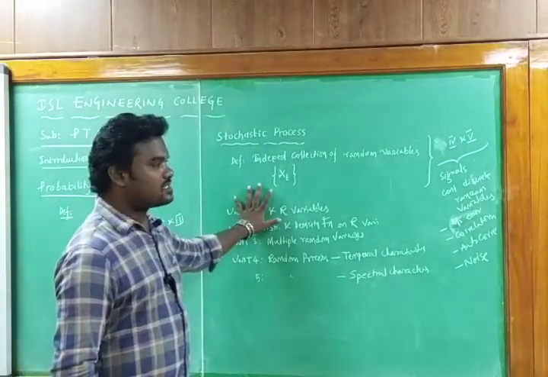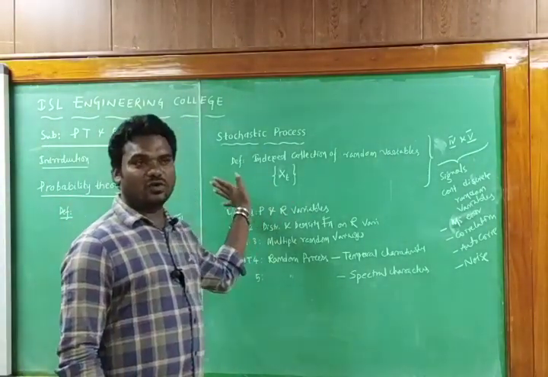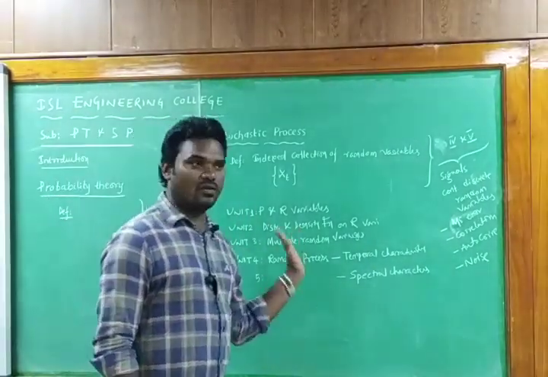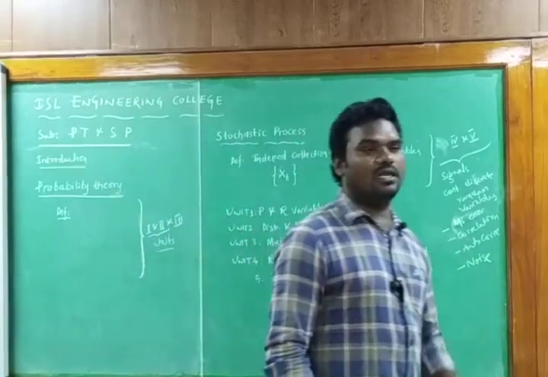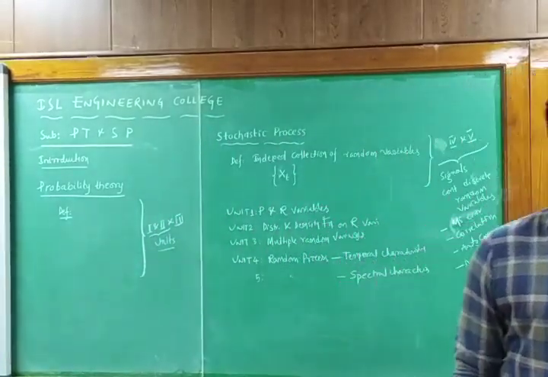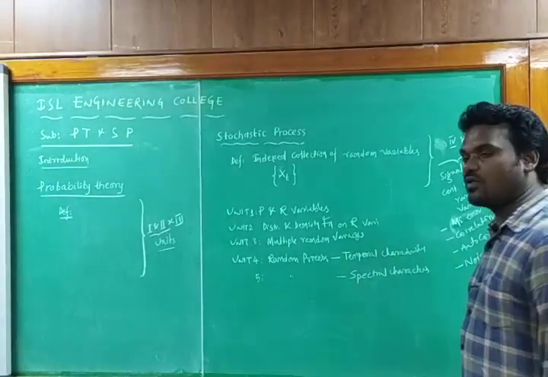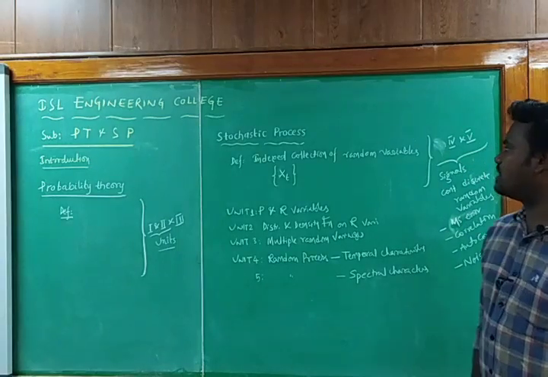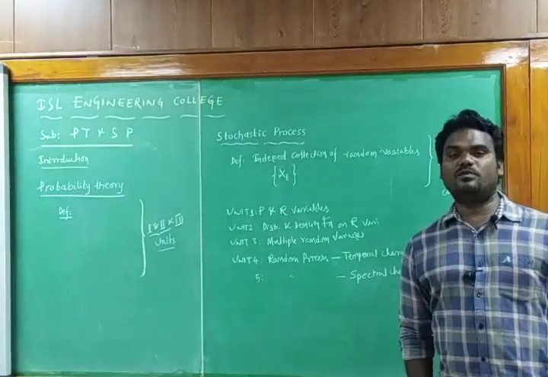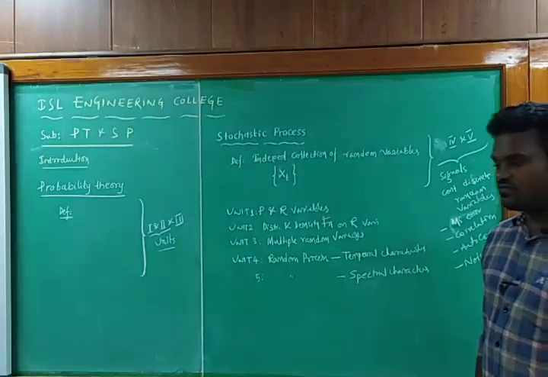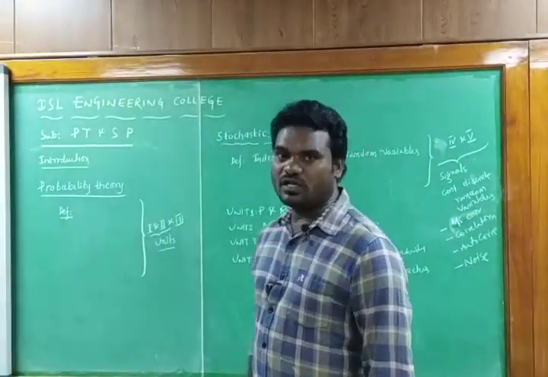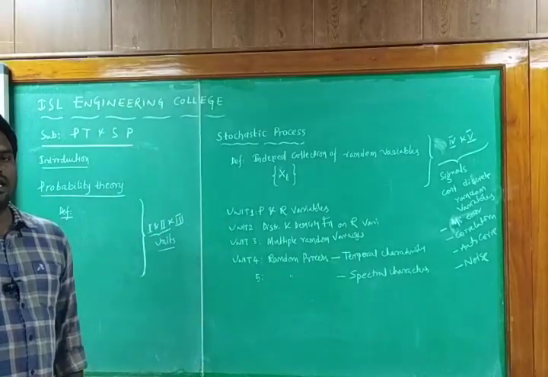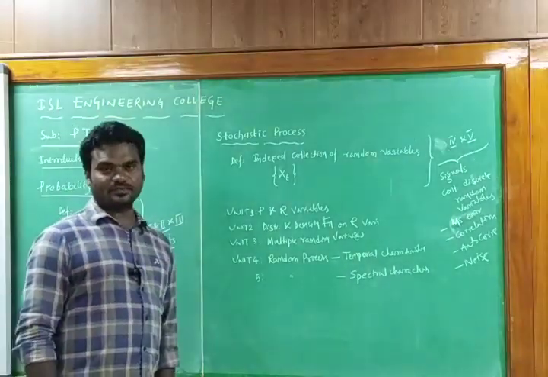If you are good at the stochastic process, coming subjects like communications, signals and systems, and signal processing will be easy for electronics students. So PTSP is one of the core subjects for electronics and communications, so everybody has to put more focus on probability theory and stochastic processes.